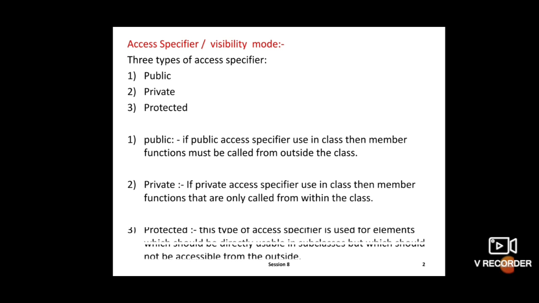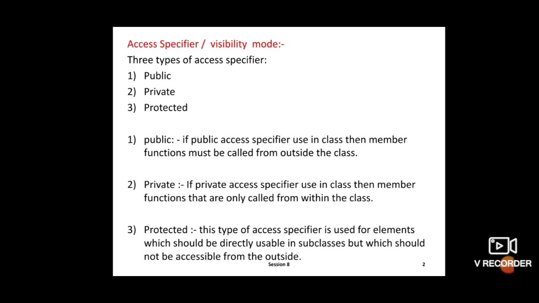And the third one is the new access specifier, protected. This type of access specifier is used for elements which should be directly usable in subclasses, but which should not be accessible from the outside. Now students, this protected access specifier is mostly used in the inheritance OOPS concept.